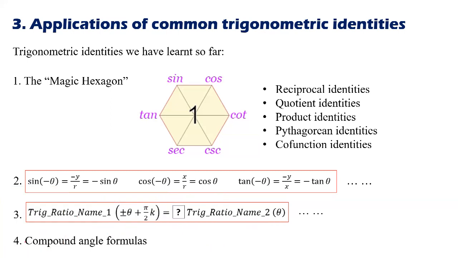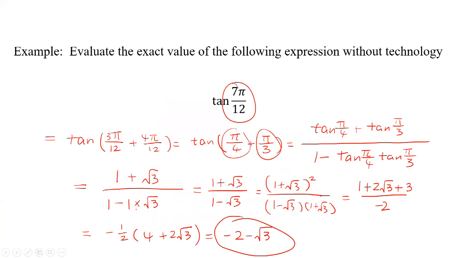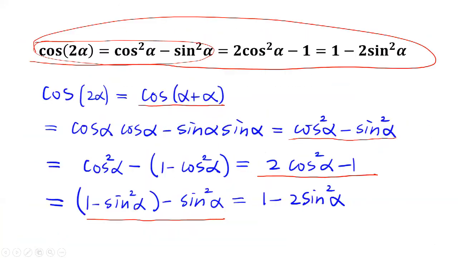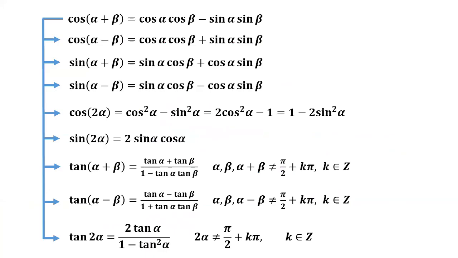And today we have learned the fourth set, which is called the compound angle formulas, right? Which is listed here. So do write this down in your notebook. This is the full set of trigonometric identities we have learned.